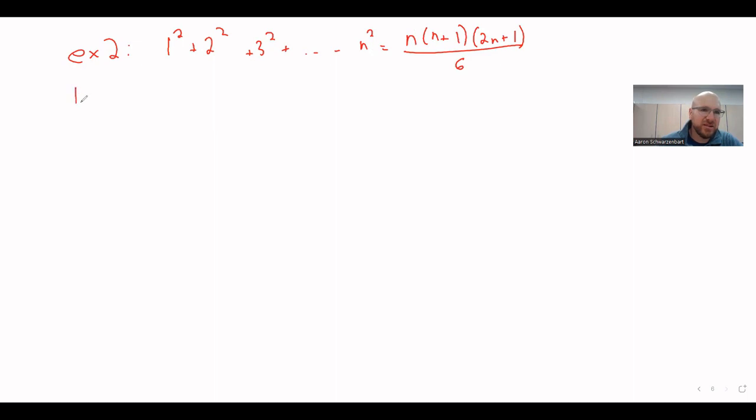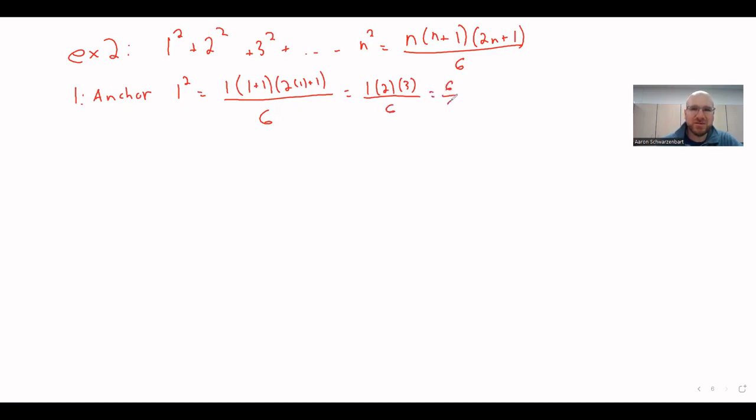So we're going to start with our anchor, which is equal to 1 times 2 times 3 over 6, which is 6 over 6, which equals 1.